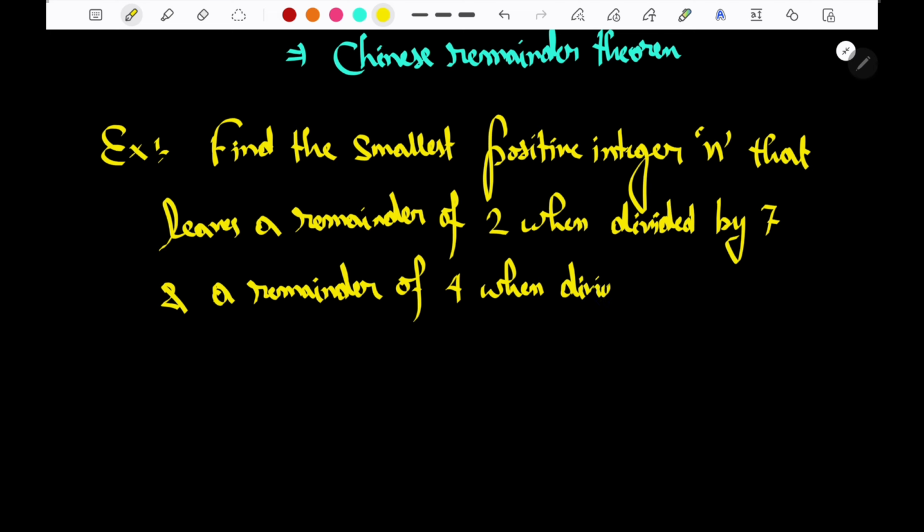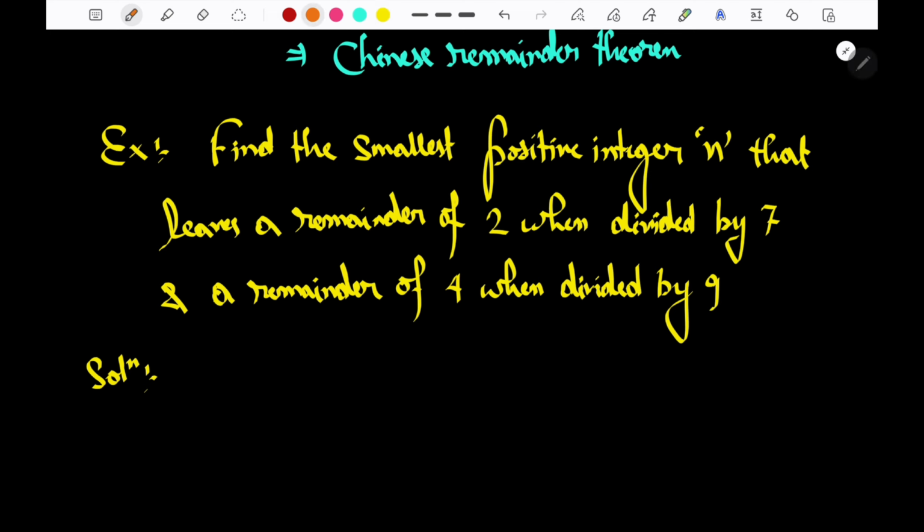Now how would we do this? What's the procedure? The question says find the smallest positive integer n that leaves a remainder of 2 when divided by 7 and a remainder of 4 when divided by 9.